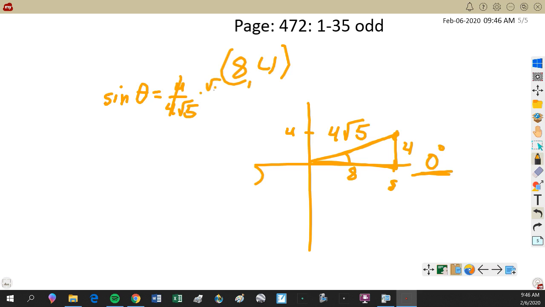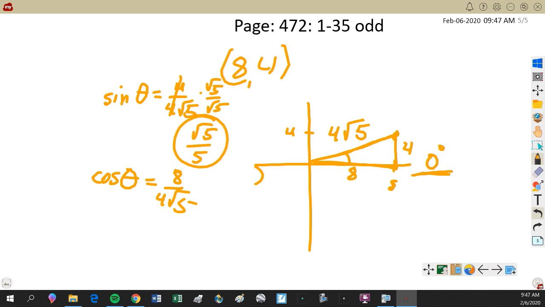So I multiply by root 5 over root 5, and I get root 5 over 5. That is the value of the sine. Cosine of theta is going to be 8 over 4 root 5. So 4 goes into 8 twice, and then I have to rationalize, and I get 2 root 5 over 5. Okay. The tangent of theta is simply going to be 4 over 8, which is 1/2.